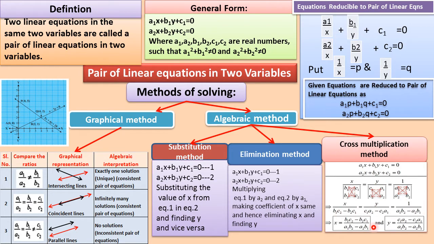So by equating and simplifying, I will be able to get the value of x and y. So this method is called the cross multiplication method.